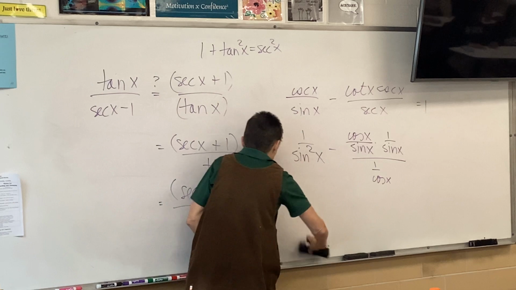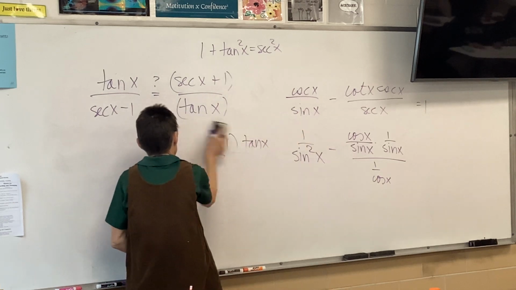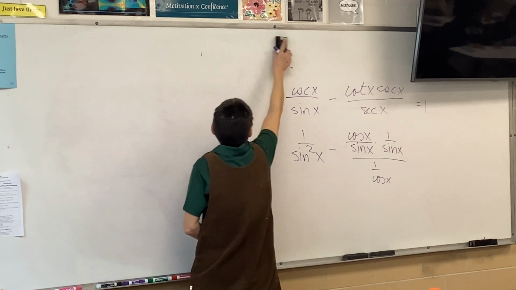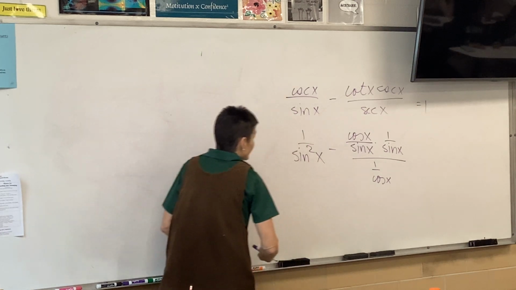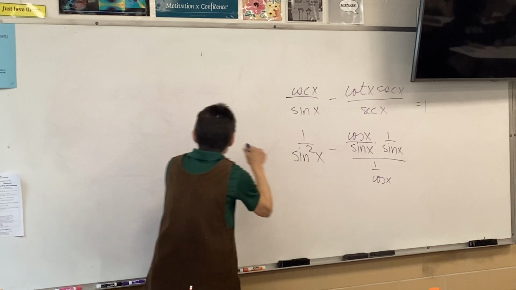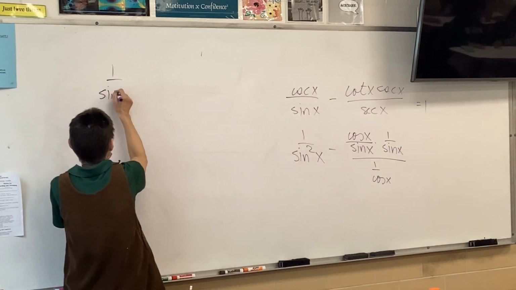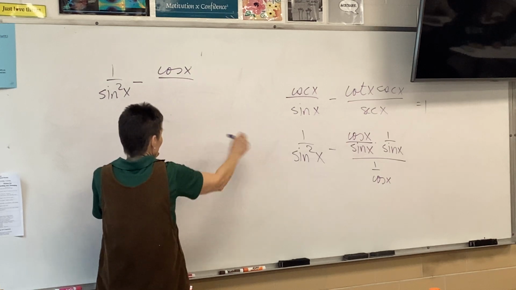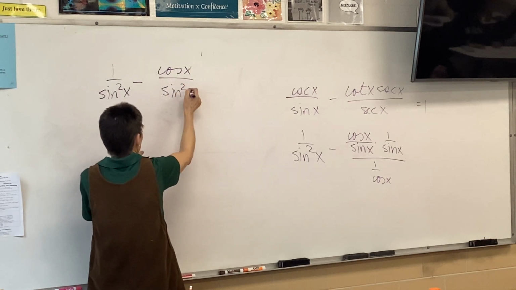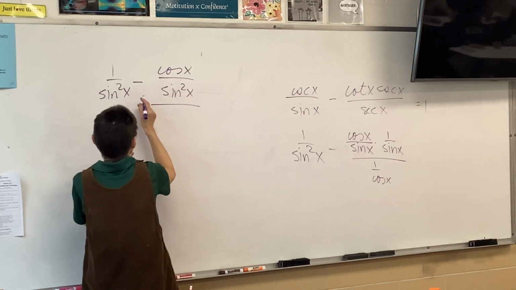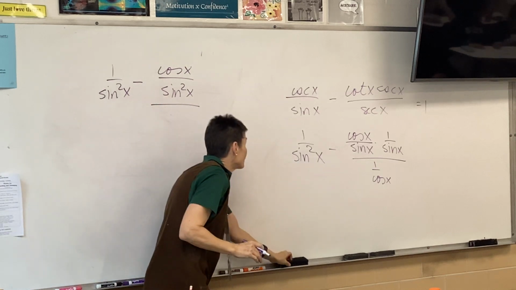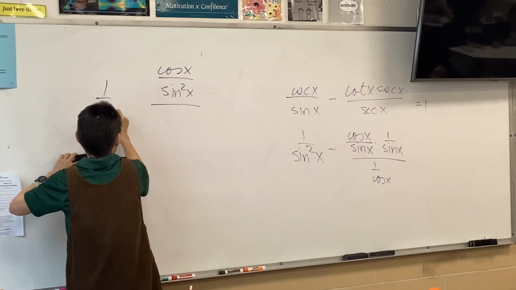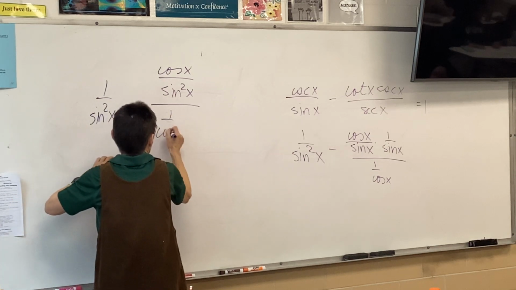Okay. So what do you want to do with that? Now, remember that that numerator is cosine over sine squared because, wait, why wouldn't cosecant divided by sine cancel out?